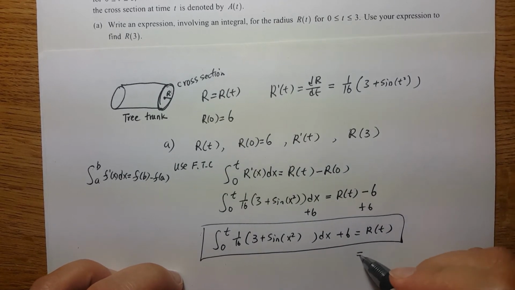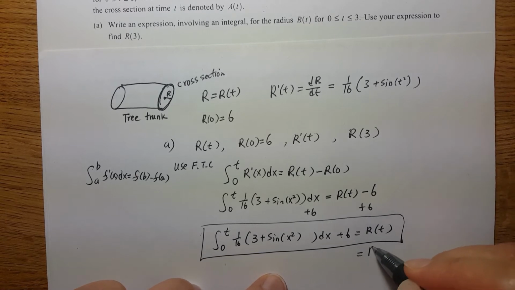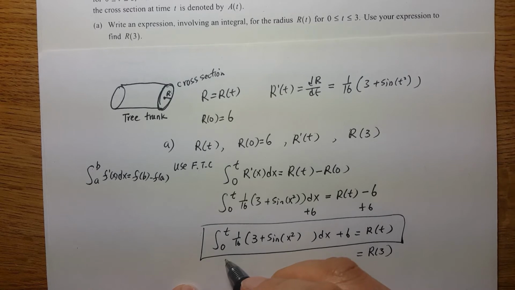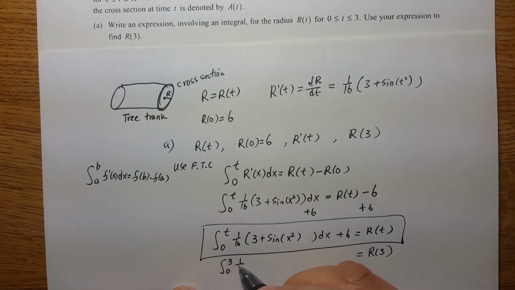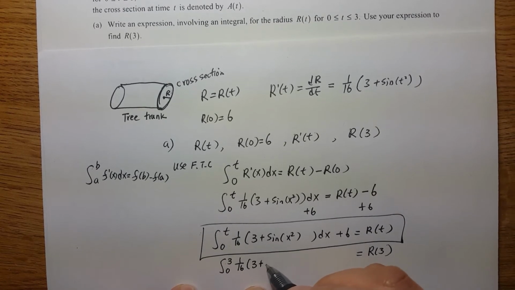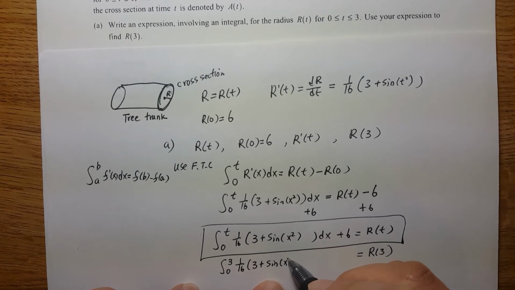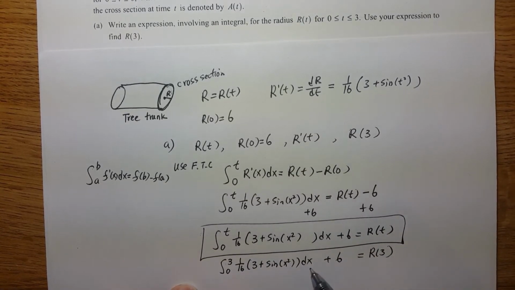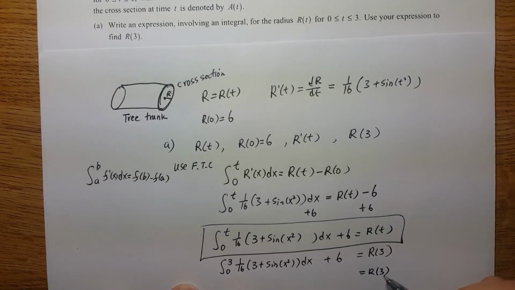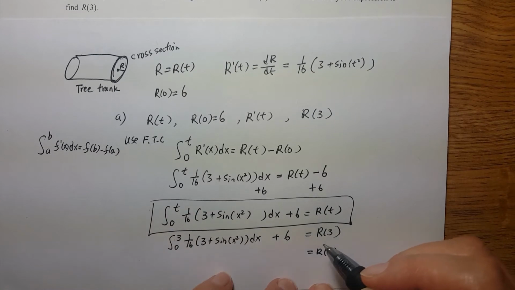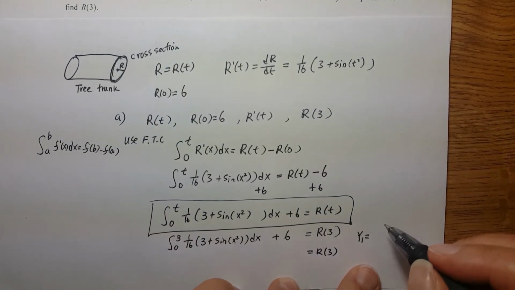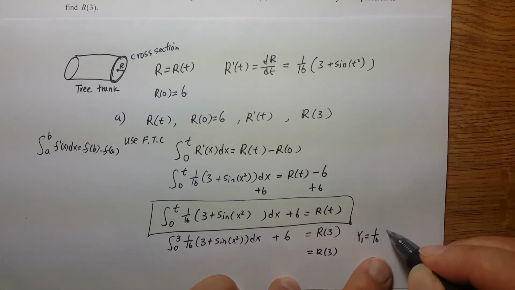So now I'm going to use my R of t to find R of 3. I just substitute t by 3. Now I'm going to type this in our calculator, and then you get R of 3. The best way to do it is make your y1 equal to dR/dt, which is 1 over 16 of this.